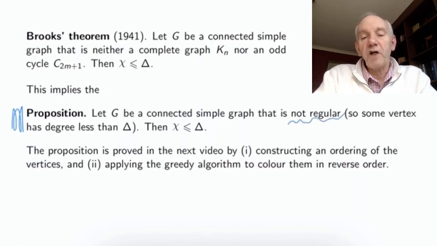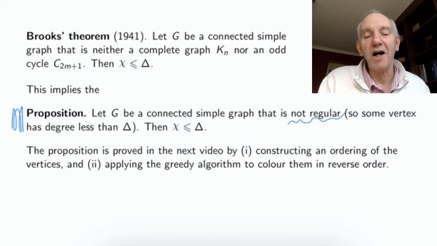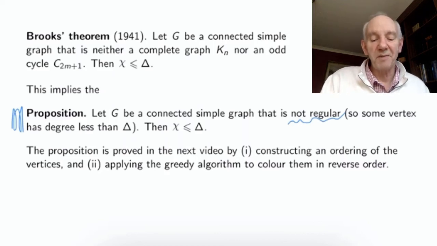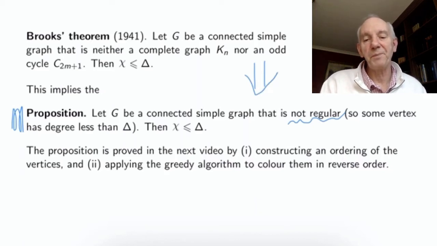Unfortunately, that's not great, because a lot of the graphs we want to colour are regular, so we can't apply this proposition. But Brooks's theorem certainly implies the proposition quite trivially, because Kn and the odd cycle are regular. So if it's not regular, it can't be Kn and it can't be the odd cycle.